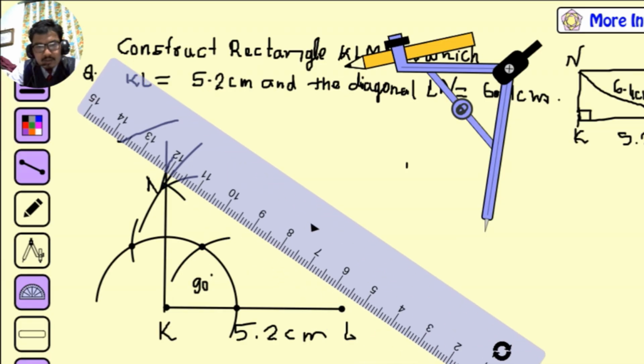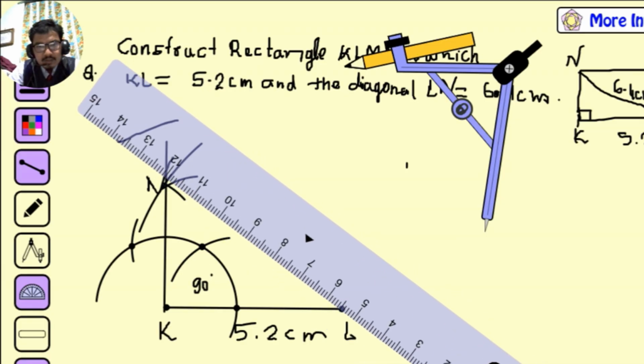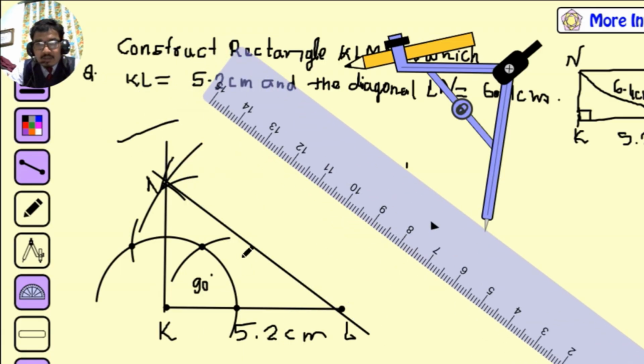And see here, in L, now cut this like this. See here, this is the diagonal, and it is 6.4 centimeter, clear.